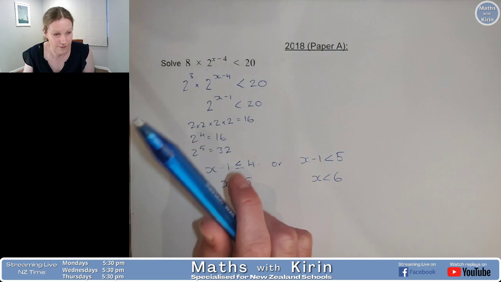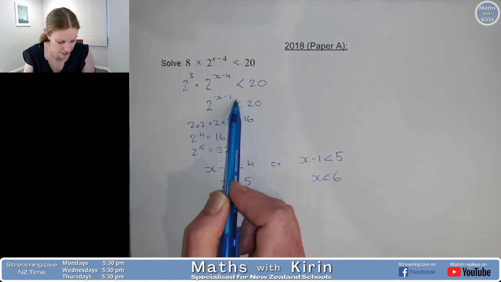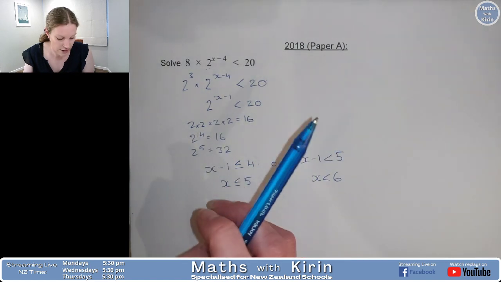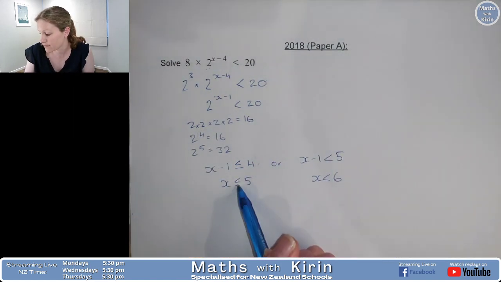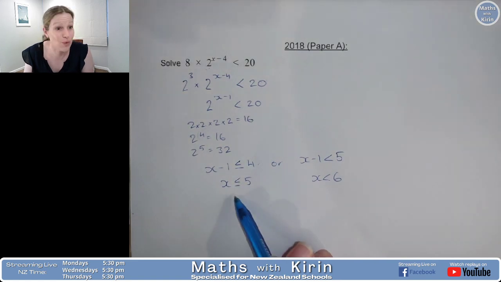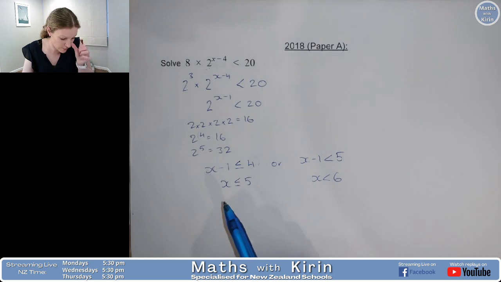Combining the indices on the left-hand side to their simplest form, so getting your 2 to the power of x minus 1, or consistently identifying an appropriate power of 2. So you might write x is less than 5 down here, for example, or x is equal to 5. If you do any one of those things, that's achieved.